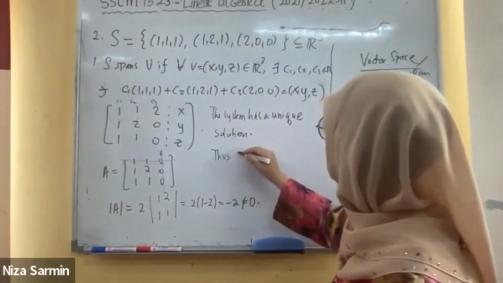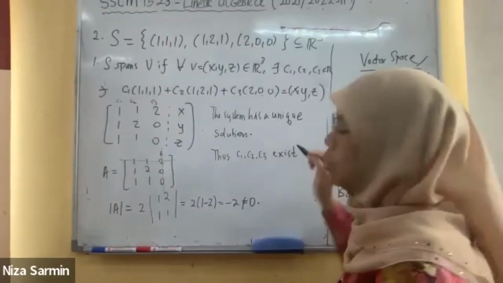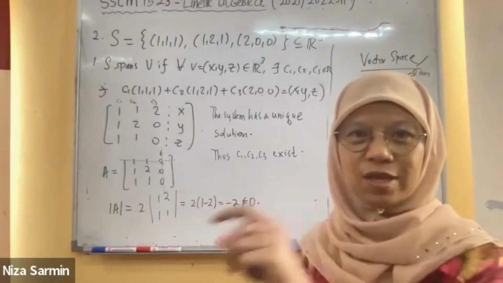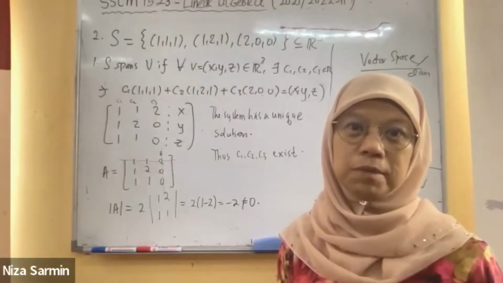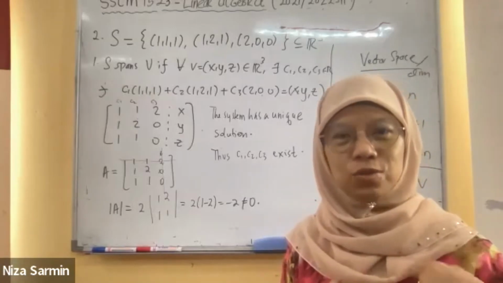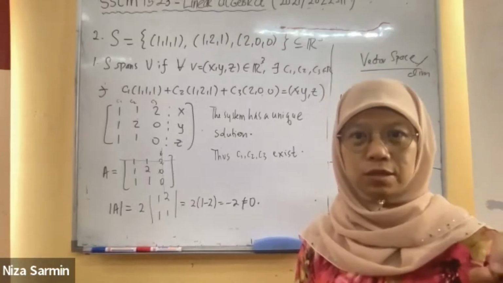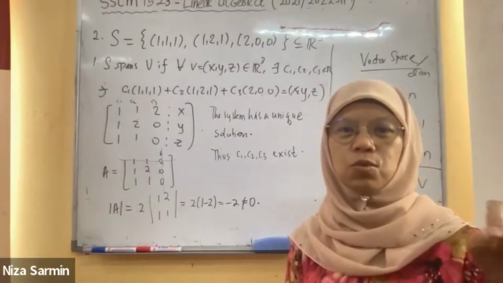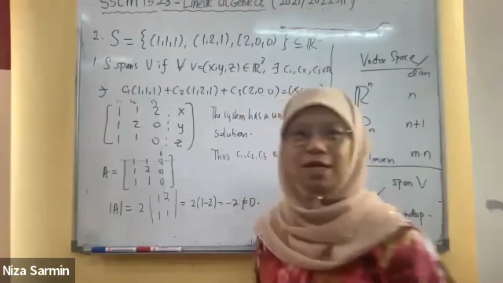Then C1, C2, C3 exist. You don't even need to know what is C1 in terms of X, what is C2, because you are not asked that. You just need to show it spans. Okay, unless they want you to write X, Y, Z as a linear combination of these 3.